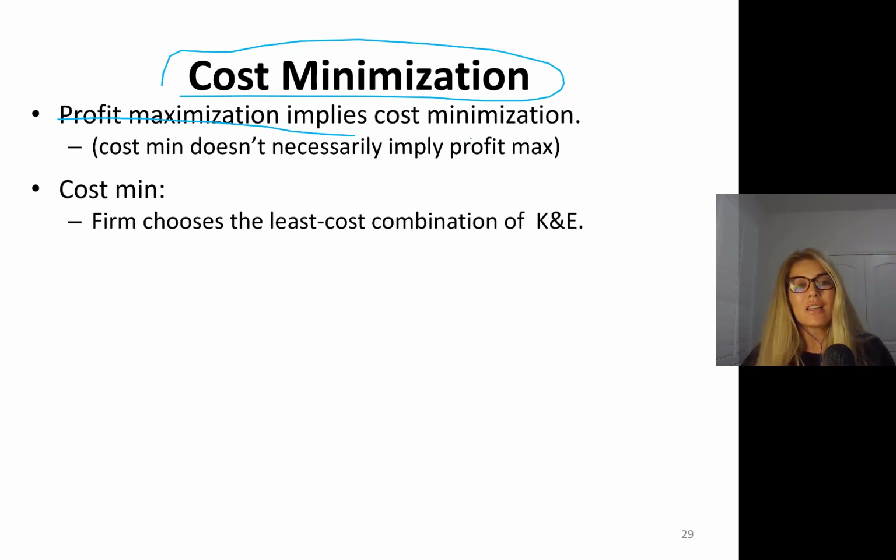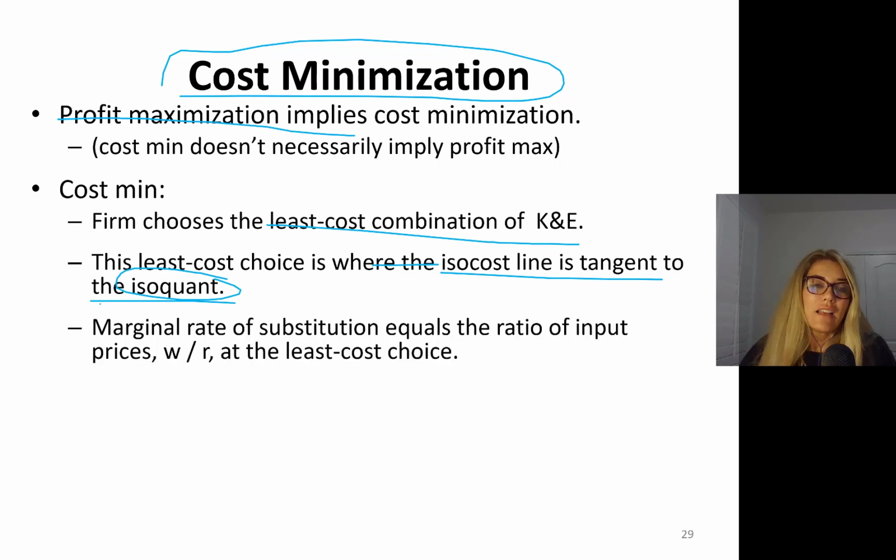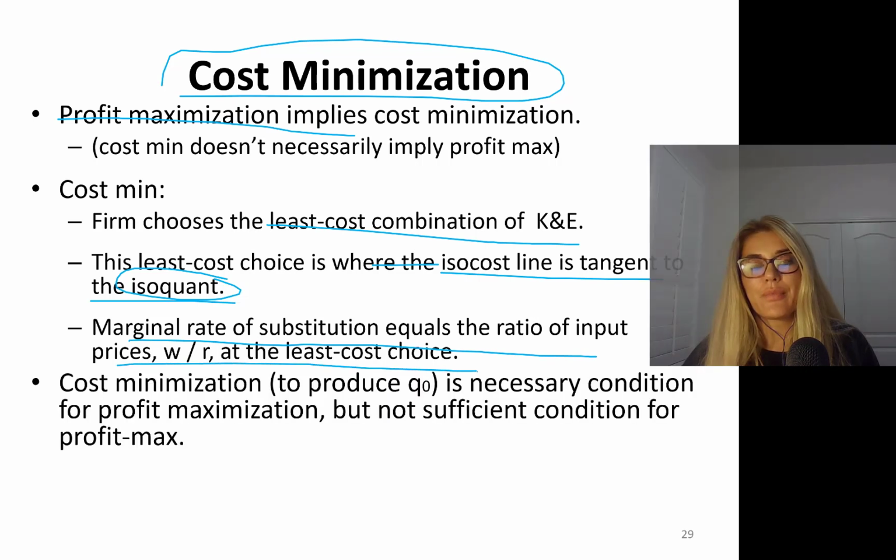Cost minimization says a firm will choose the least cost combination of capital and labor, but the least cost choice is where the isocost line is tangent to the isoquant. Okay? However, is this isoquant representing the profit maximizing level? As a result, cost minimization gives you marginal rate of substitution equal to the ratio of input prices at the least cost choice.